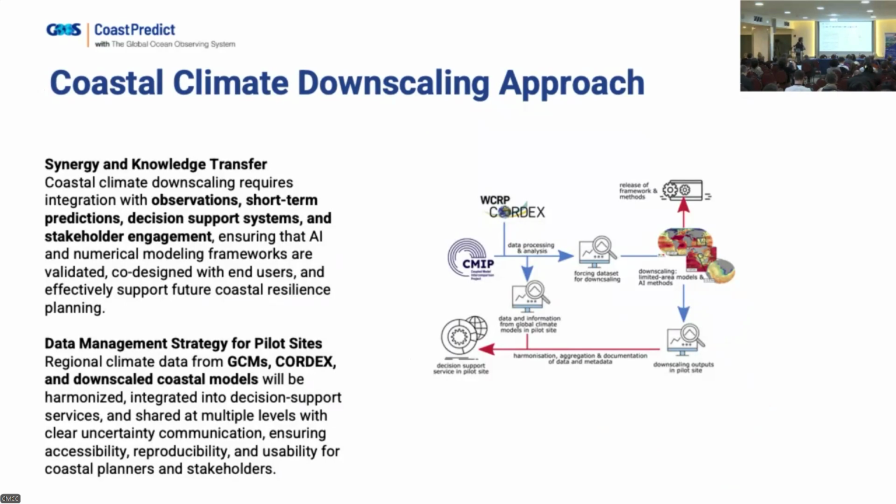It is a bit small. So from CMIP global to the regional, and then make the data available and calculate the indicators to be suitable for adaptation planning.